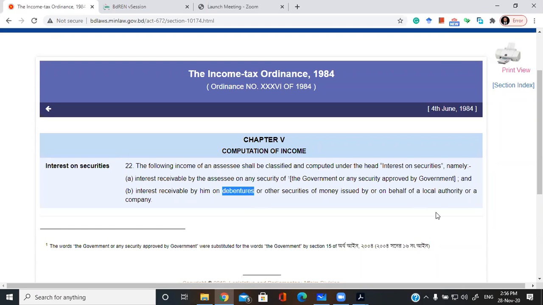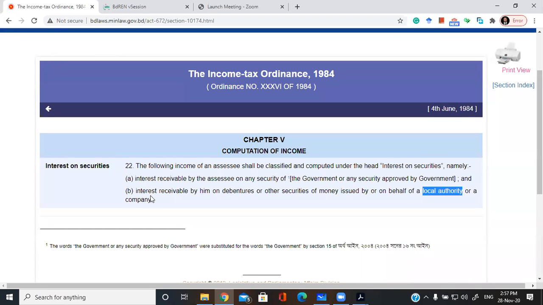Okay, so it can be issued by a local authority. Can you recall that I have mentioned the municipal government? So here local authority means municipal authority, or it can be issued by a company also. Okay, so I don't know whether you have heard it from the newspaper of the last 2 weeks, that Dhaka North City Corporation has decided to issue a municipal bond for the first time in Bangladesh's history.